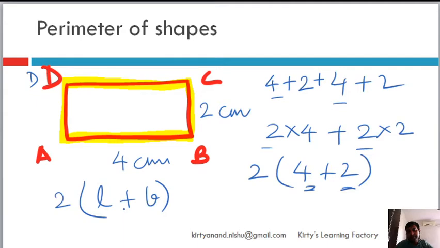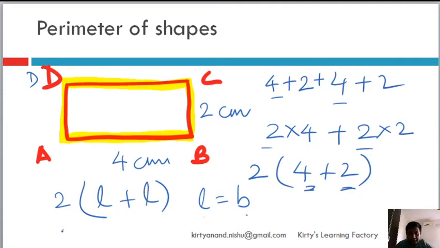Now in case of a square, what happens is that length becomes equal to breadth, right? Length is equal to breadth. So I can replace this breadth and write length only, right?